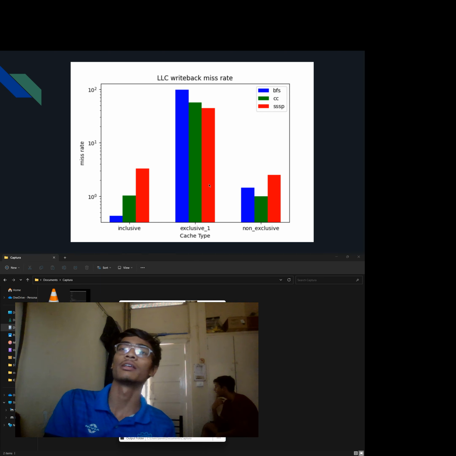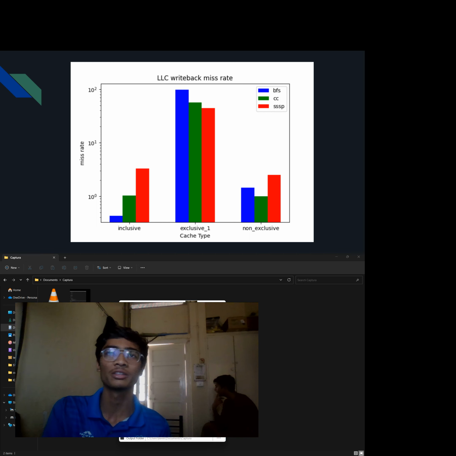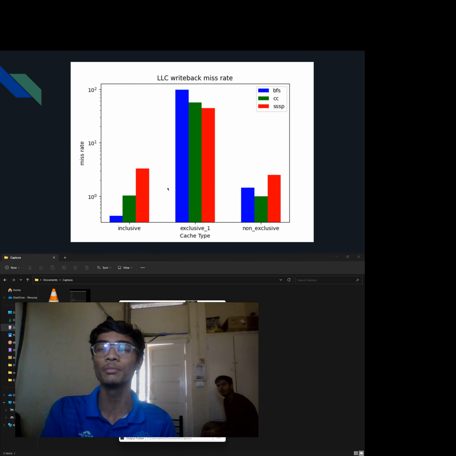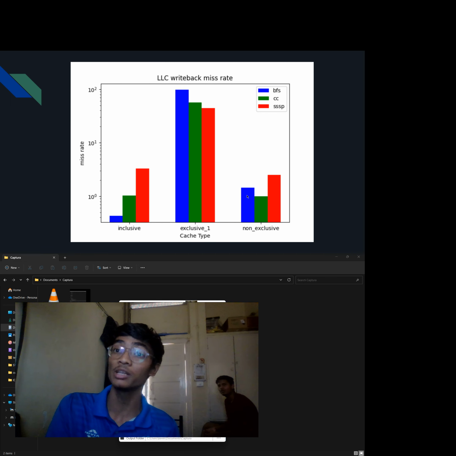Regarding the theory part, inclusive tends to have close to minimal write back misses, while exclusive tends to have minimal write back hits, which is evident from this graph.